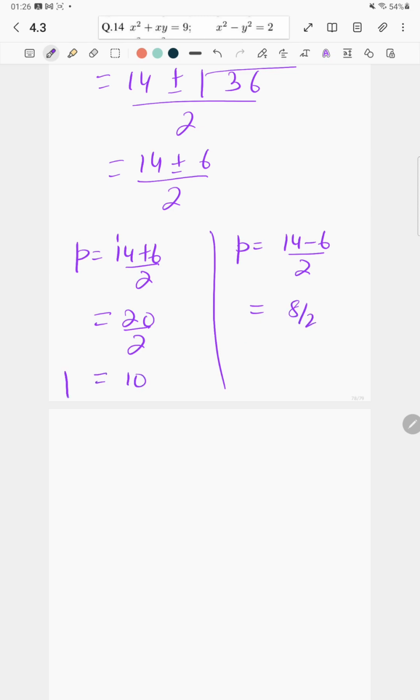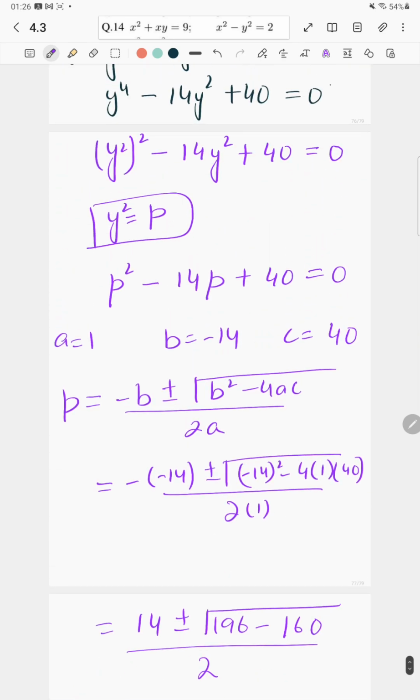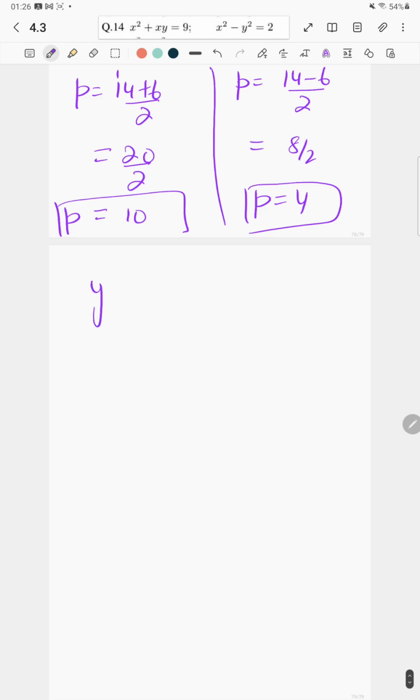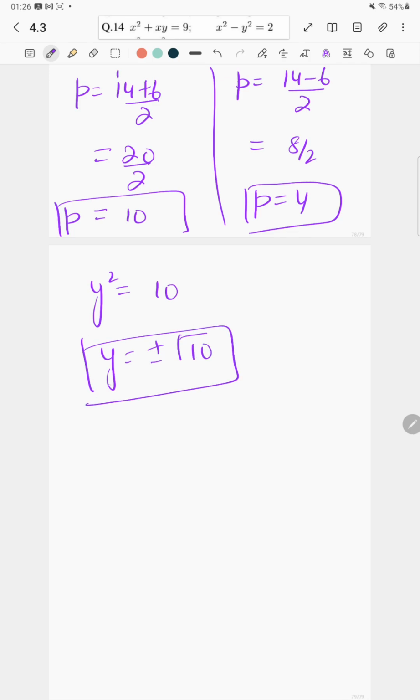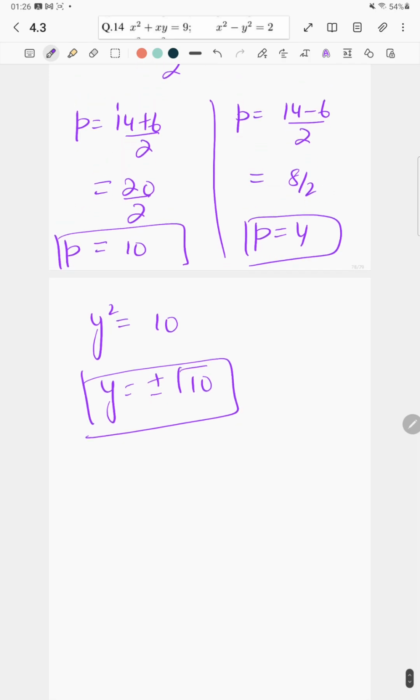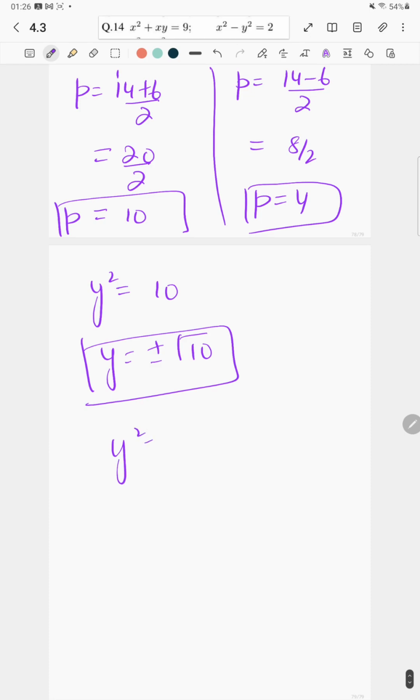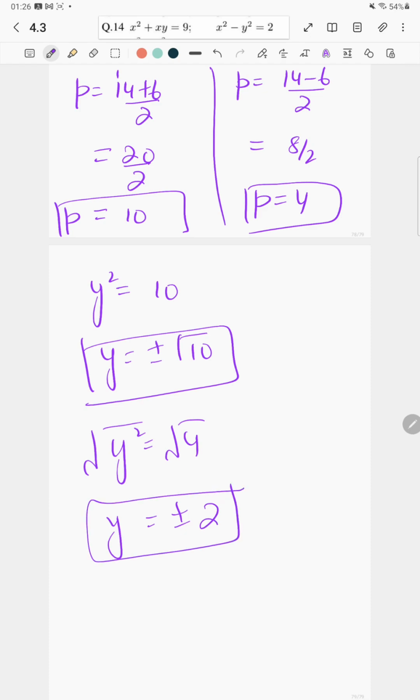So it's 10 and it's 4. So we assume that p is equal to y square. So y square is equal to 10 and y is equal to plus minus square root 10. Y square is equal to 4 and y is equal to plus minus 2.